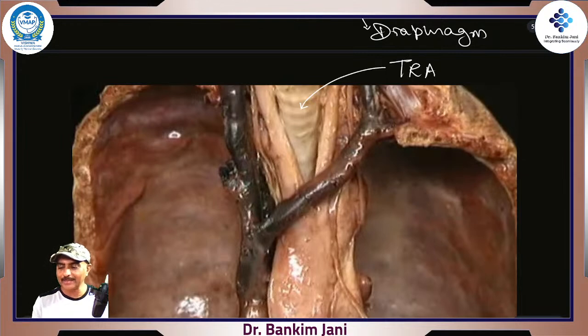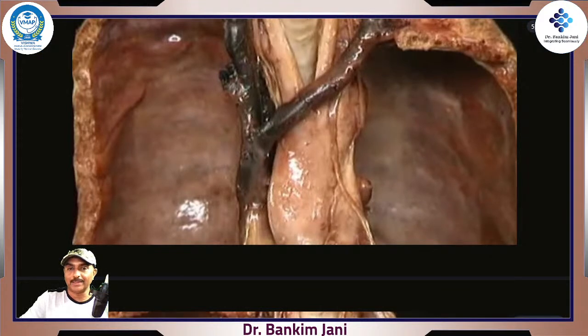And why I said it is so nicely seen, because we can watch the tracheal cartilaginous rings. These C rings, the cartilaginous rings, can be seen so crisp and clear. They are like semicircles.